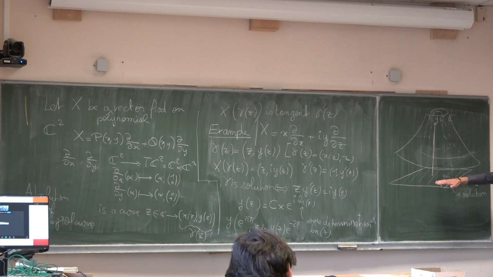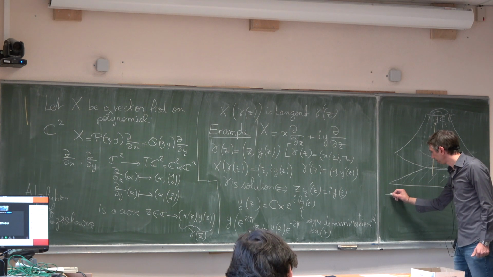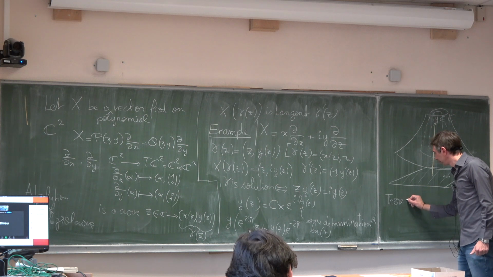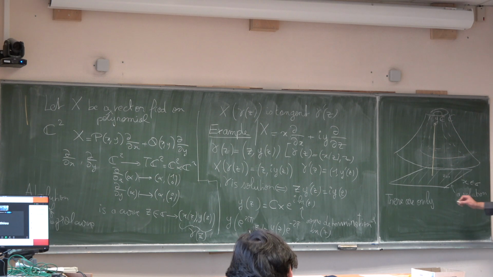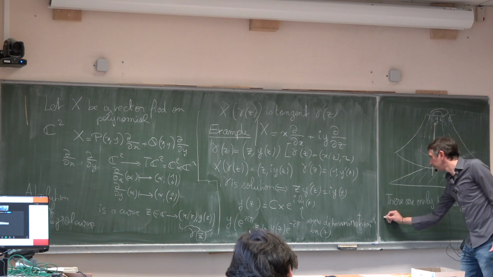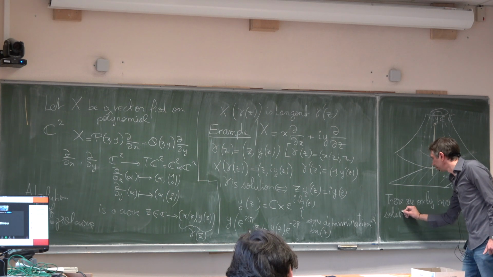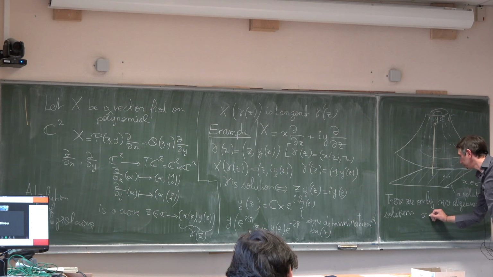First of all, you have the solutions which are algebraic. There are only two algebraic solutions, which are actually the axes: x equal to 0 and y equal to 0.